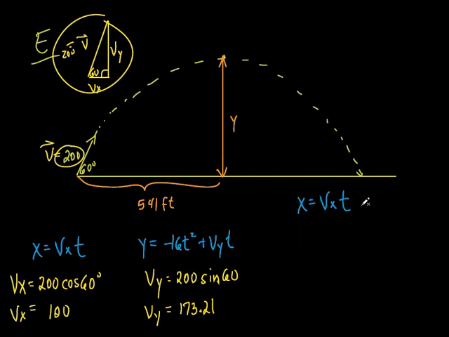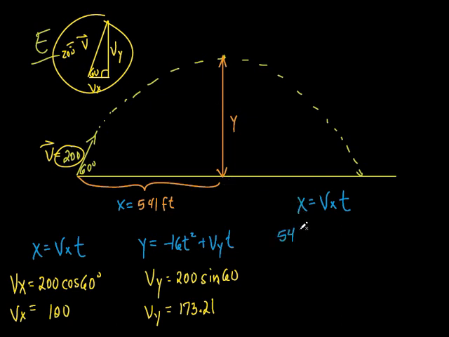Look what I know. What do I know in this thing right here? I know Vx, just found it, it's 100. Something else I know. What is it? Look at the information that they gave us. I know what the x is. This is the x. At this point right here, when I'm trying to find that height, I know what the x is, and it's 541.